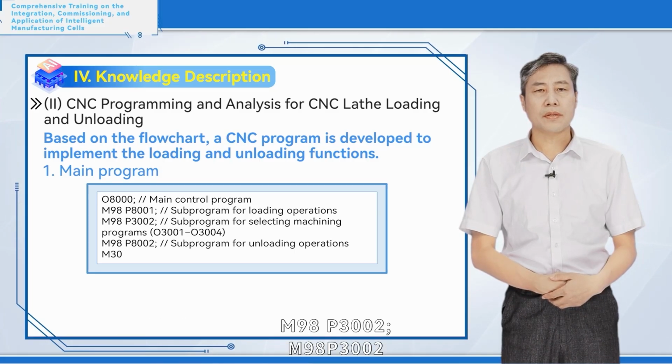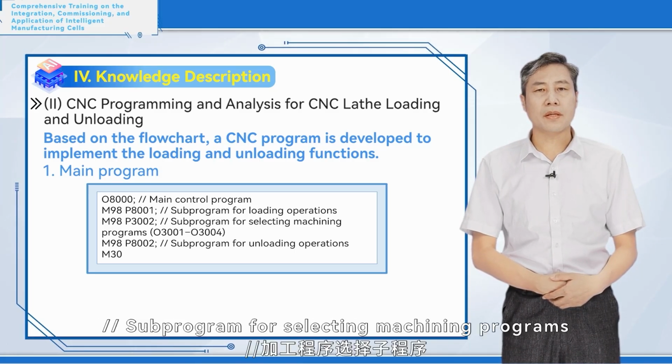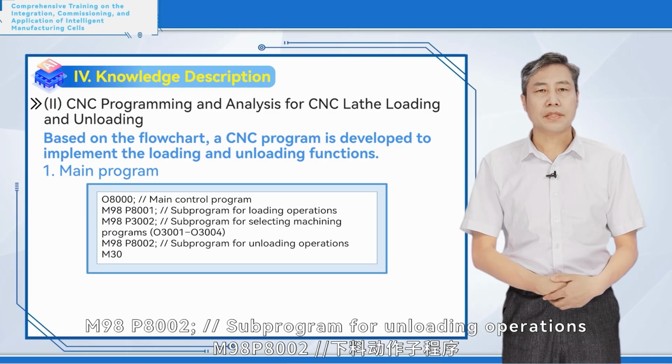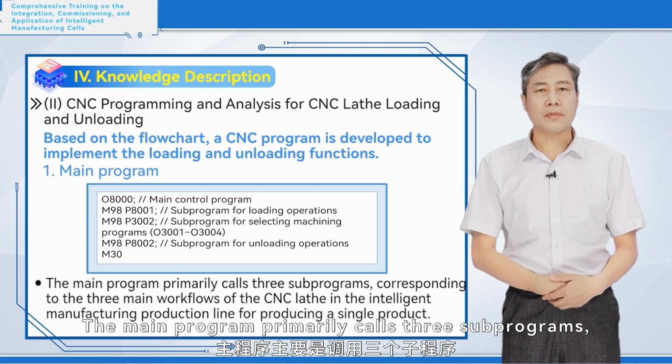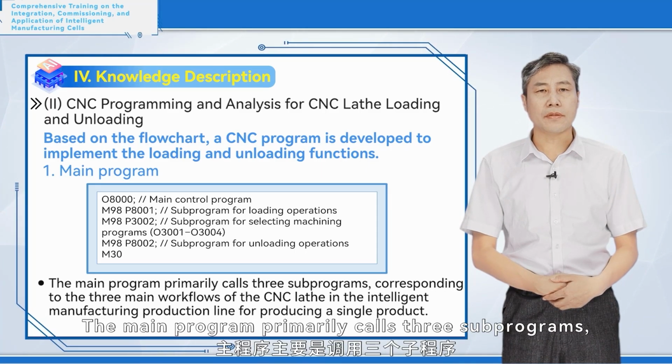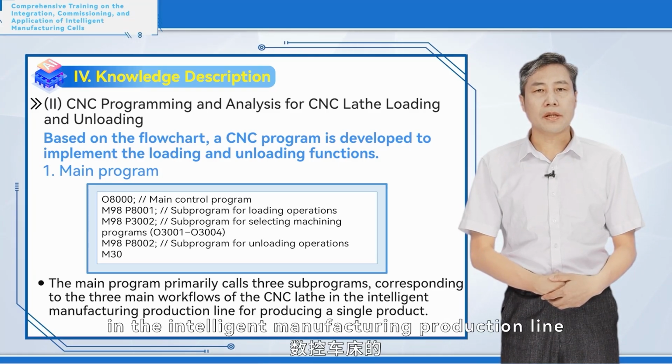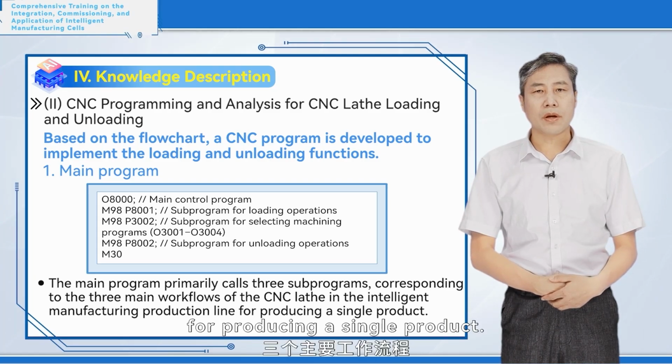M98 P3002, subprogram for selecting machining programs O3001 to O3004. M98 P8002, subprogram for unloading operations. M30. The main program primarily calls 3 subprograms, corresponding to the 3 main workflows of the CNC lathe in the intelligent manufacturing production line for producing a single product.